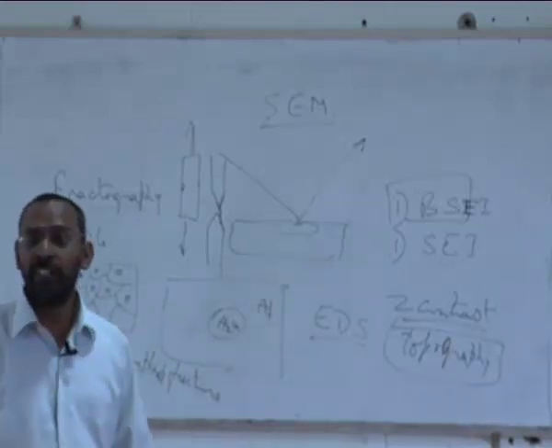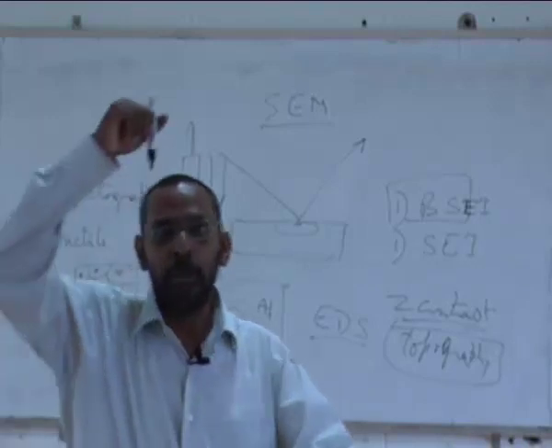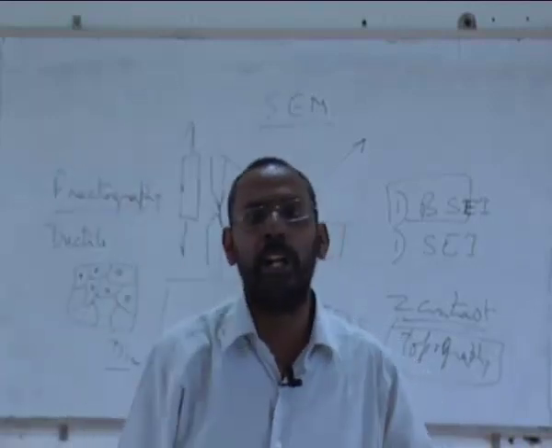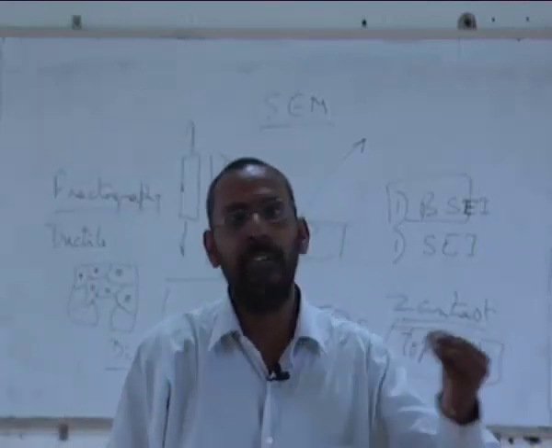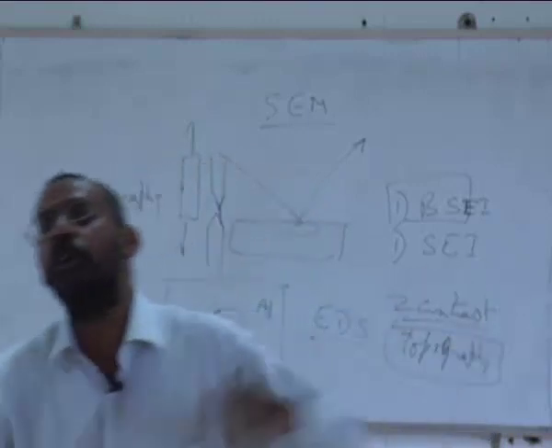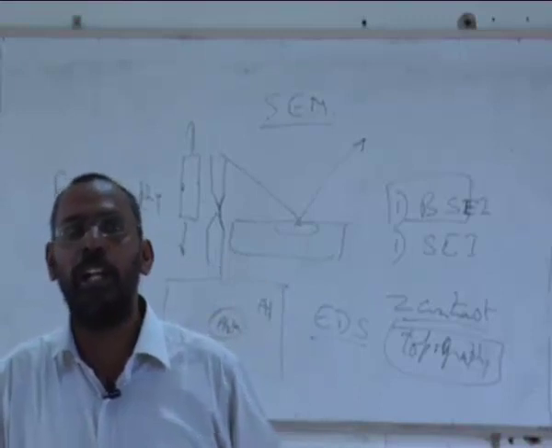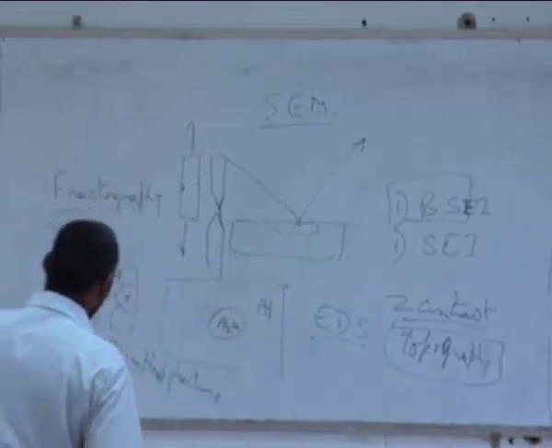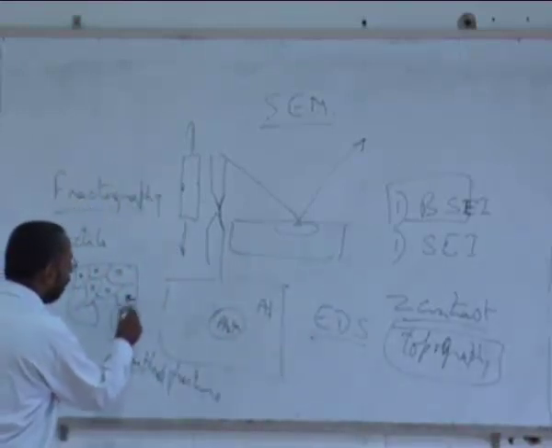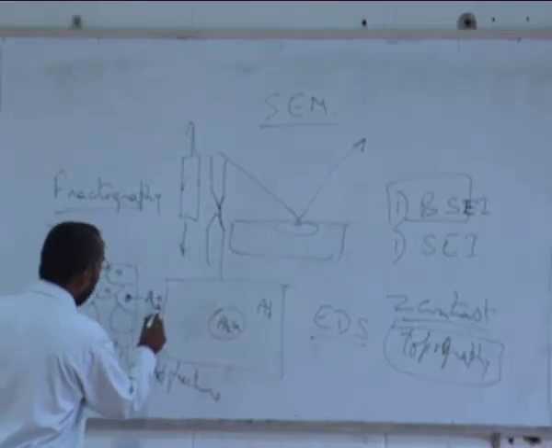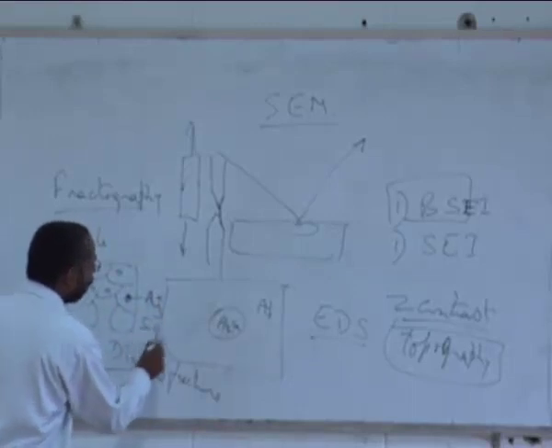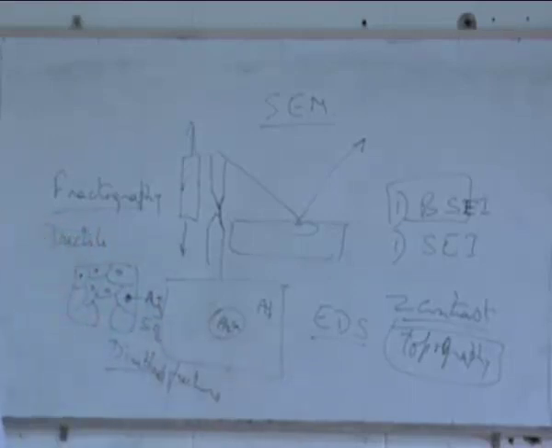You can find out that these are inclusions by putting the electron beam on that particular particle which is sitting there, and finding out the composition of that particle by this technique called EDS, which we are going to talk about a little later. So you can prove that yes, this is an inclusion, whether it is an alumina inclusion or a silica inclusion or whatever it is. All this can be found.